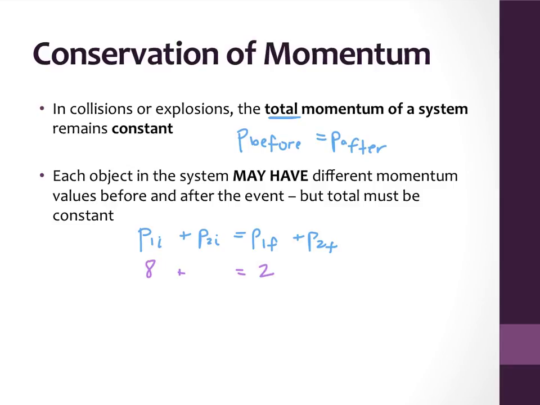So in order to balance this out and keep the conservation of momentum happening, let's say object 2 could have a momentum of 3. In order to make sure that total momentum is conserved, it could go up all the way to 9 after the incident. That's an example of how they can have different momentum values before and after. So each individual object could change its momentum at different rates as long as the total momentum stays the same right here. Look, momentum is transferred from one object to another.